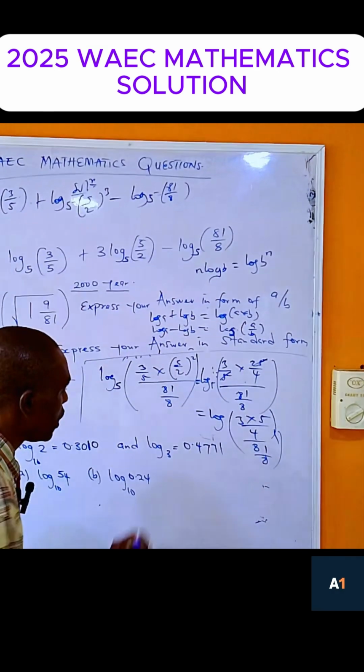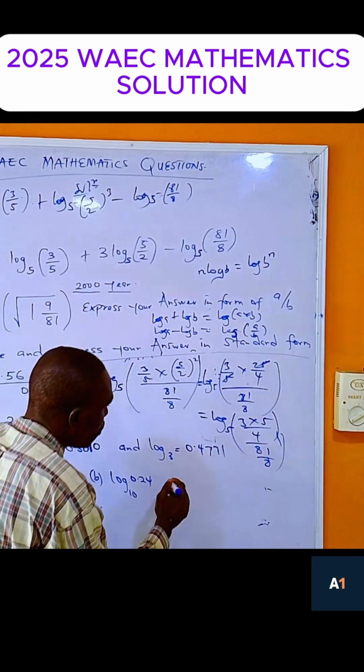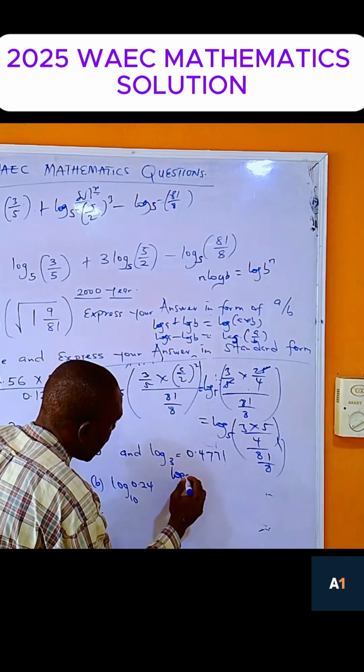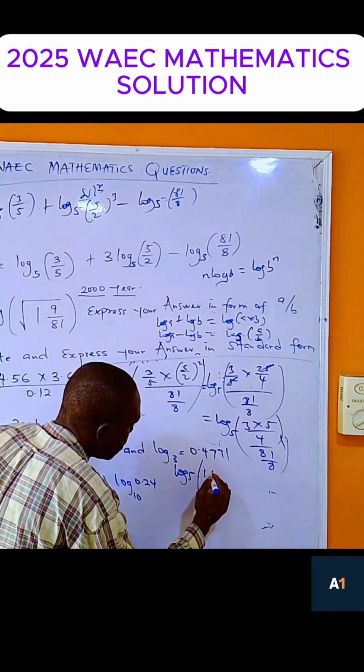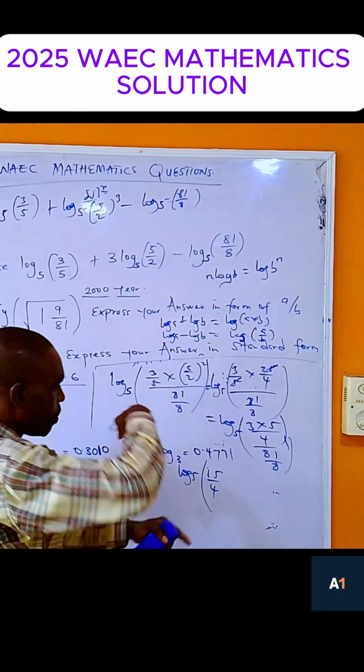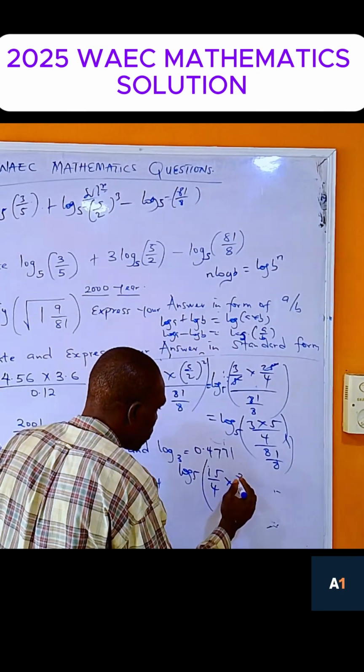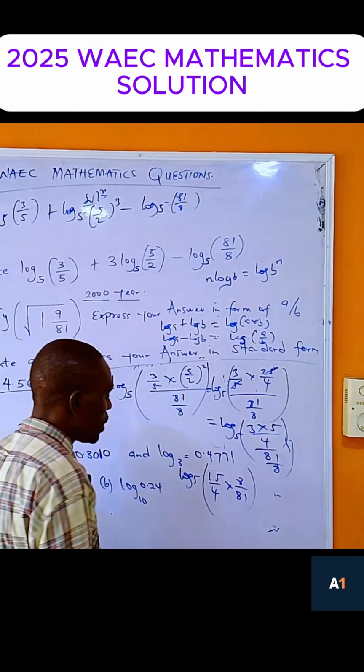So it will look like this. Log base 5, then open bracket, this one times is 15 over 4. So you now cross multiply, then times 8 over 81. So it will now look like this.